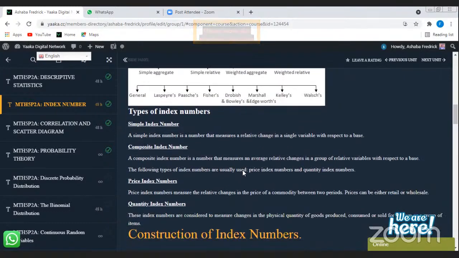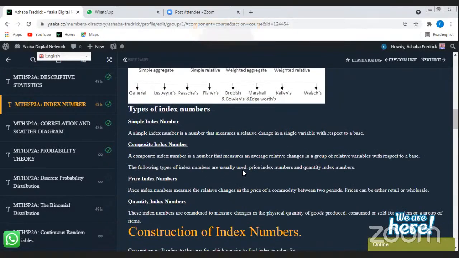So this one measures relative changes in terms of the average of a group of relatives. Like above, if we find the simple index for each commodity among the foodstuffs, when we come to the composite, we are now interested in the average of those foodstuffs.